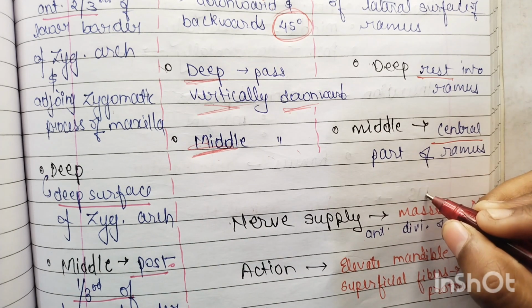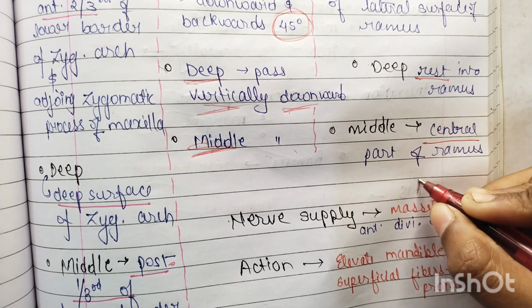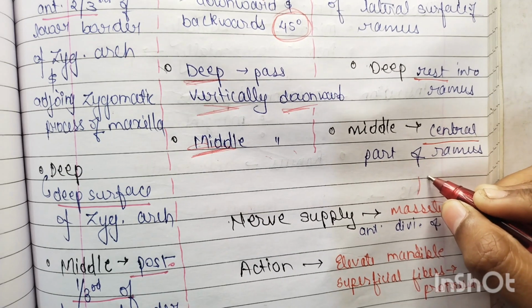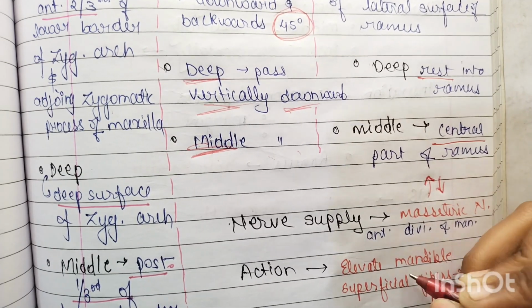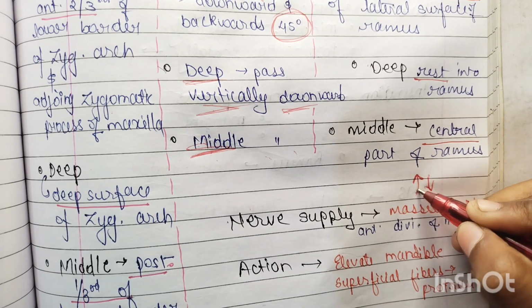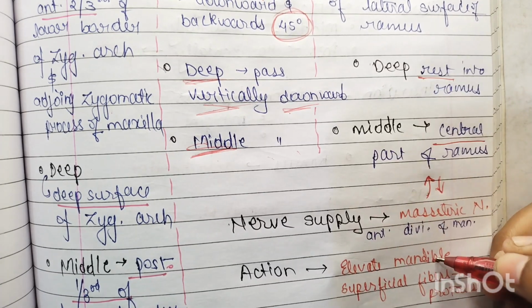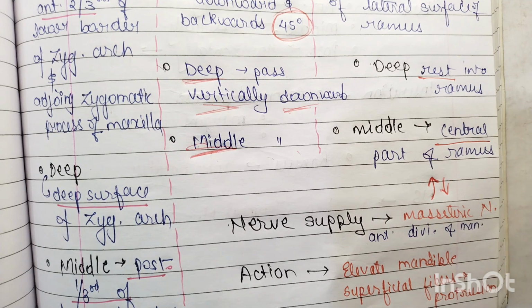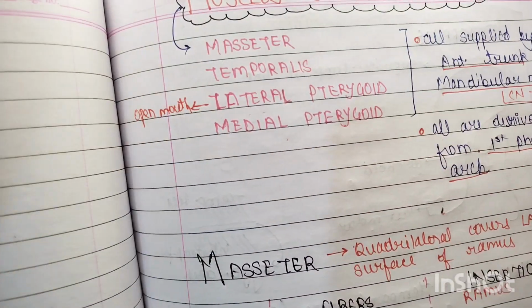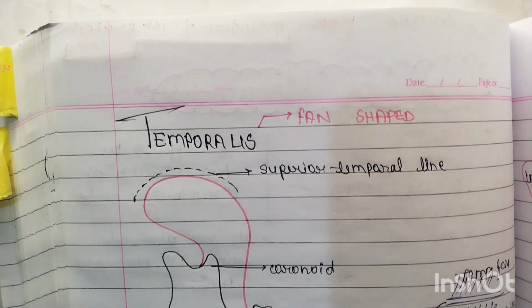Whenever we close the mouth, we elevate our mandible, and whenever we open the mouth, we depress our mandible. So the masseter closes the mouth, which means it elevates the mandible. And among other functions, the superficial fibers cause protrusion of the mandible.